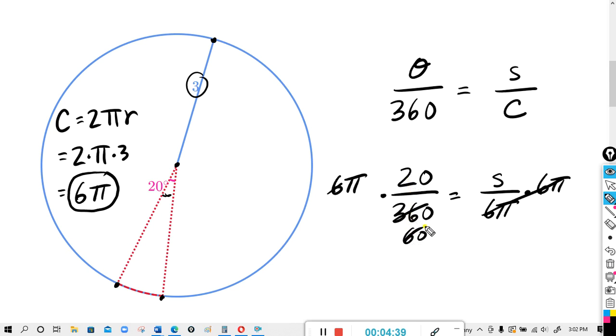Right? 60 divided by 20 is 3, and this right here is just 1. So it's 1/3, but it's times pi. You can write it as 1/3 pi, or you can just write pi over 3. That's the same thing. When the pi is out front, it's still in the numerator.